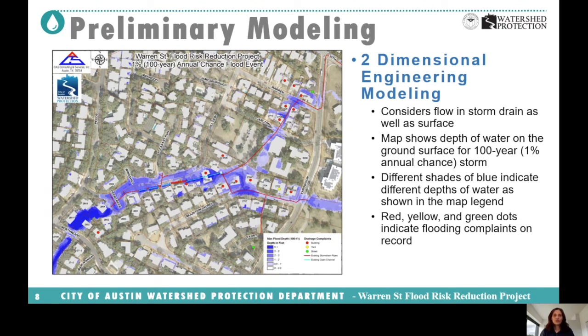So let's move on to some preliminary modeling results. We perform a two-dimensional engineering model for this. The models are computer programs which simulate the flow of water in the storm drain system as well as on the ground. In two-dimensional modeling, it simulates the flow in the underground storm drain system as well as the flow on the ground at the same time.